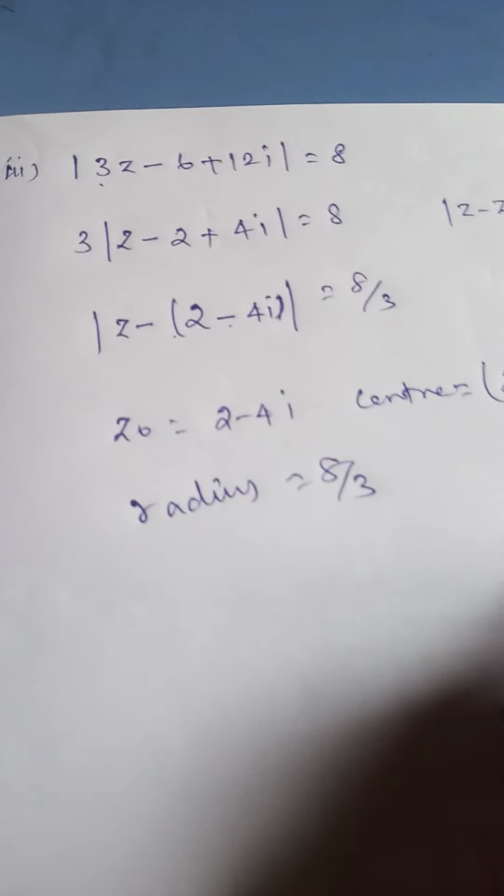In the format modulus of z minus z naught equal to r, minus 2 changes to positive and plus 4 changes to negative. Modulus of z minus (2 minus 4i) equal to 8 by 3. So the center is (2, minus 4) and the radius is 8 by 3.